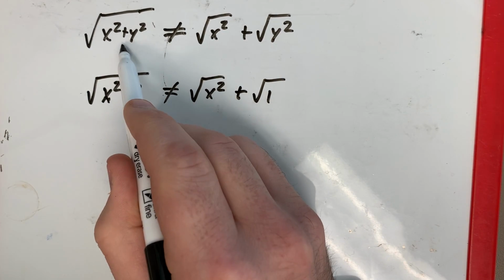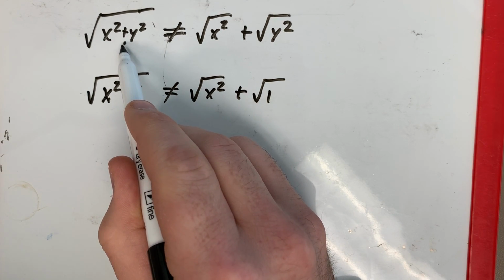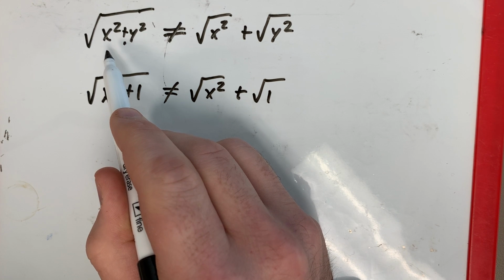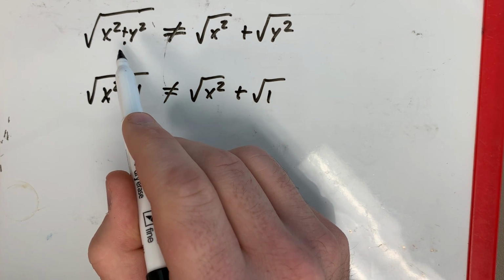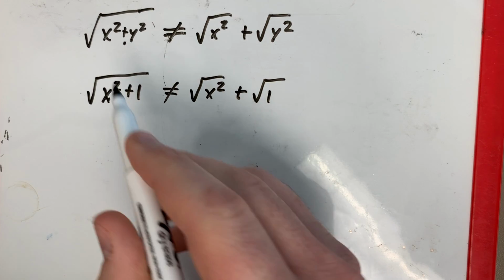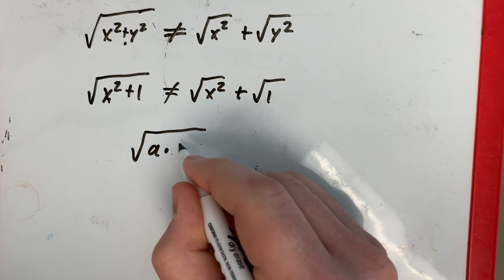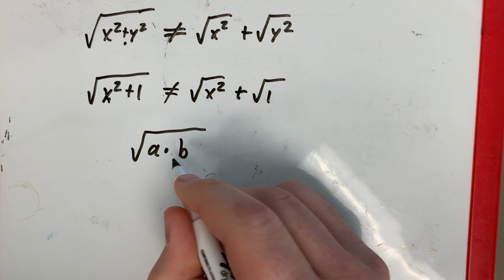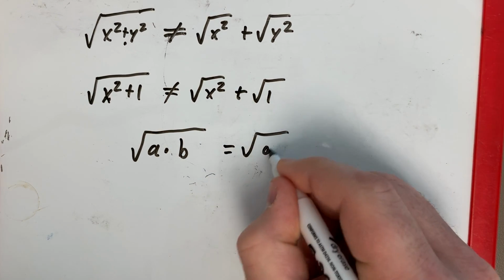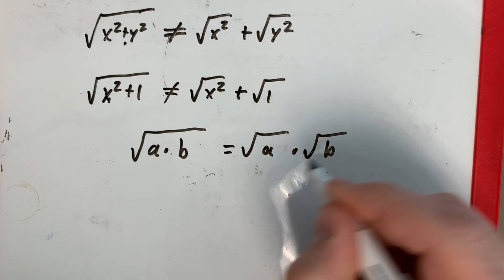If you ever see a sum or a difference inside a radical like this, then you are stuck. You are completely simplified. The only way you can distribute a radical is if you had something that looked like a times b on the inside. So this is equal to the square root of a times the square root of b.